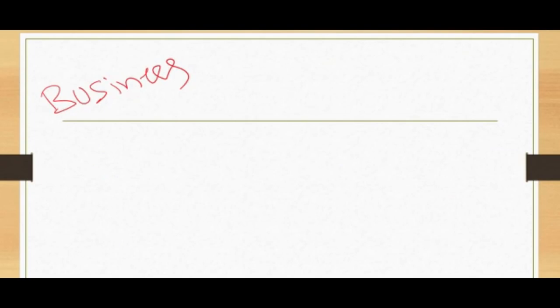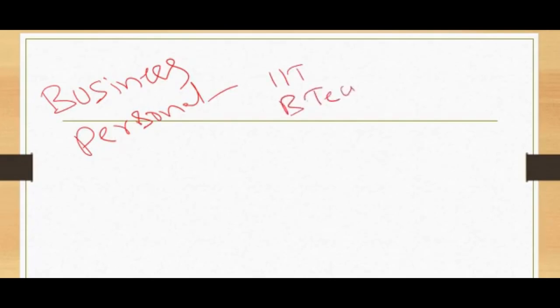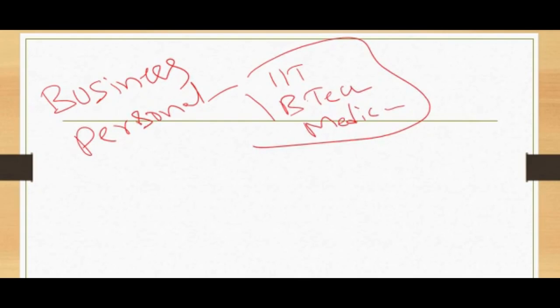Or let's say personally you have some issue, how to overcome that. Still you can do SWOT analysis. Or let's say you want to go for IIT or BTech or medicine, you still can do SWOT analysis and find out which is the best, right? And then where else can you do SWOT analysis?